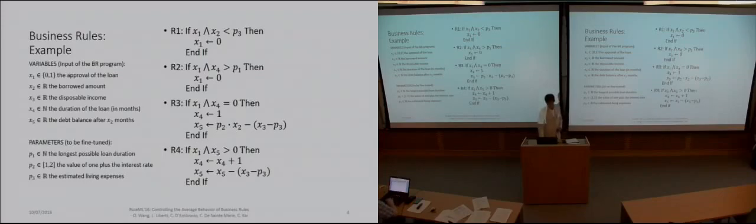So an example here for me would be to evaluate the number of approvals. So the F would simply be the projection on the first variable. And for the parameter, I could look at the interest rate, P2, and try to find which interest rate would give me a number of automatically approved loans of about 50%, for example.